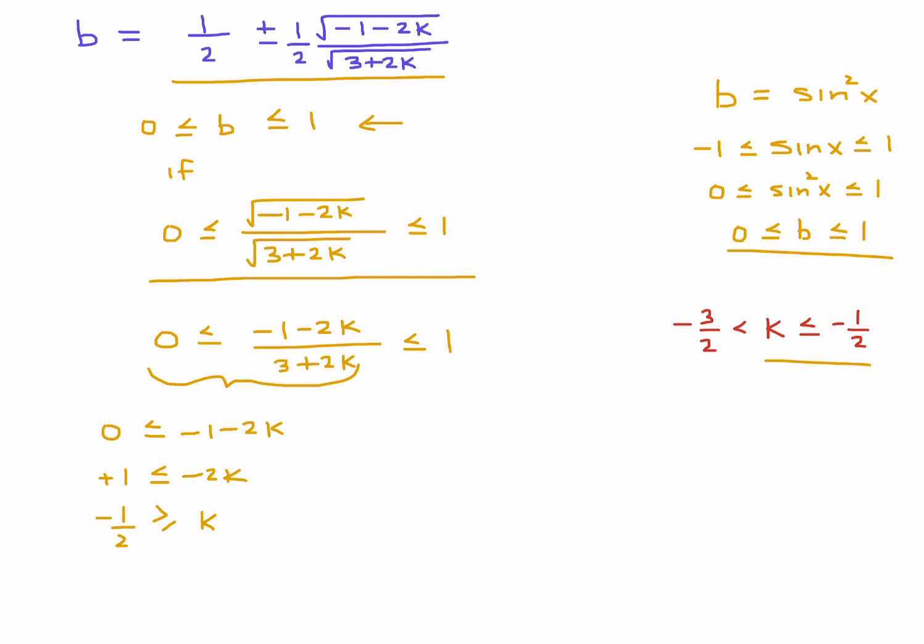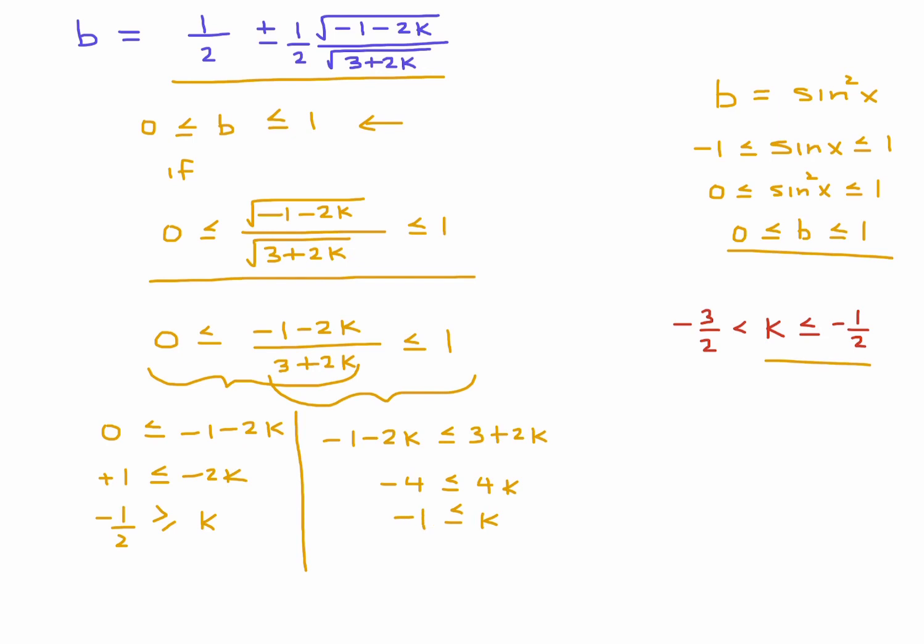So that's fine. And then now we concentrate on this inequality, and that would give us minus 1 minus 2k is less than or equal to, if you cross multiply, 3 plus 2k. So collecting like terms, let's see here, bring the 3 over, and we get minus 4 less than or equal to 4k, and therefore k is greater than or equal to minus 1.